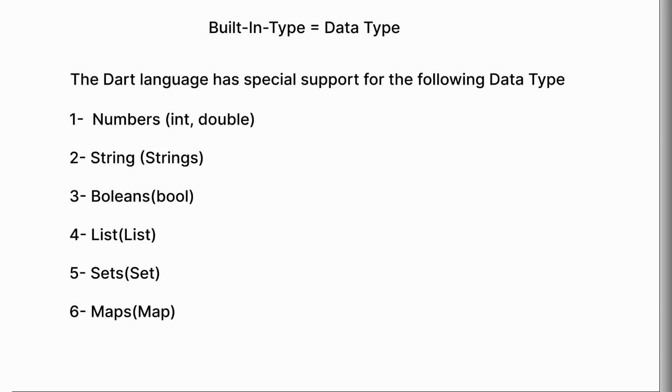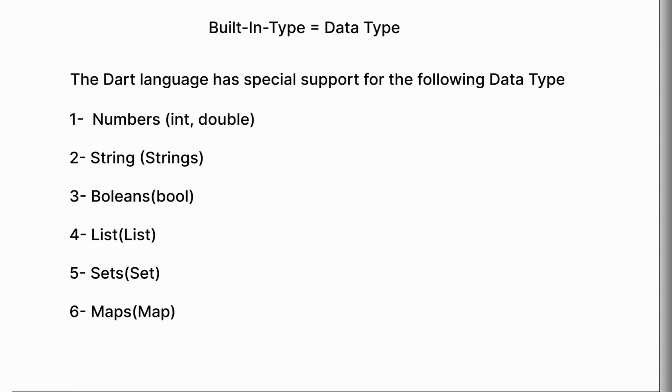So if you want to store an int, then you should use the int data type. If you want to store a double, meaning a pointed value, then you should use the double data type. If you want to store strings, like if you are creating a variable like name, then you should use a string variable. If you want to create a bool variable, then you should use the bool data type.